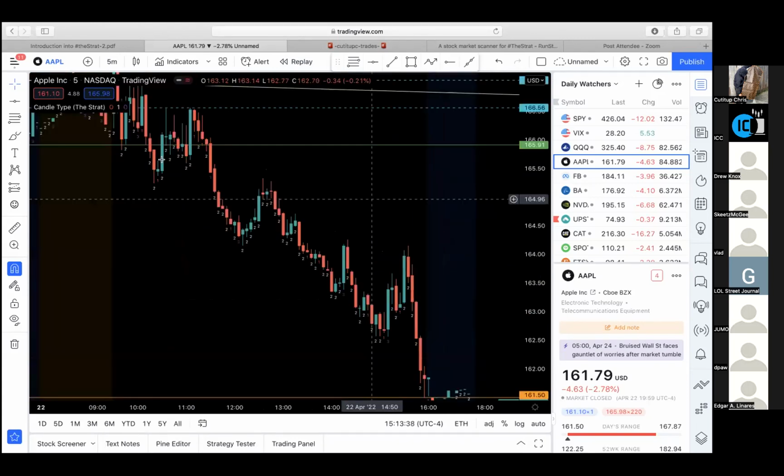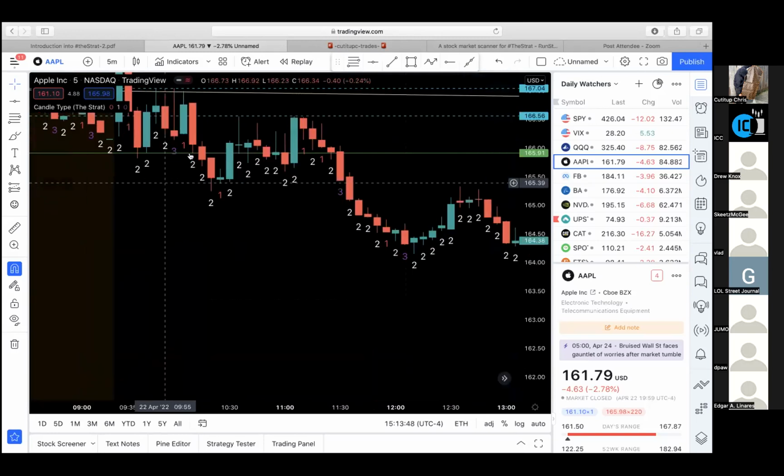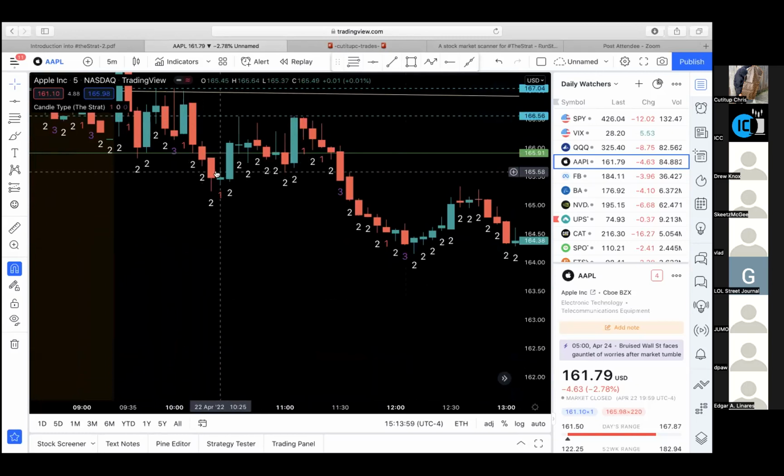All right, check it out. We trigger down here. We have a 2-1-2. This is not a bad example. This green line is the trigger for the daily 2 down. We trigger down here, but we see a 2-1-2 reversal on the 5 minute time frame.